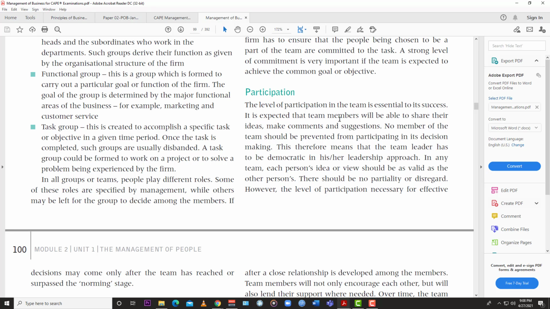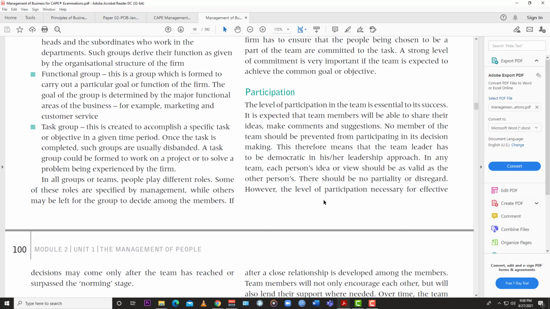It is expected that the team members will be able to share their ideas, make comments, and suggestions. No member of the team should be prevented from participating in decision making. This therefore means that the team leader has to be democratic in his or her leadership approach. In any team, each person's idea should be as valid as the other person's. There should not be any partiality or disregard.